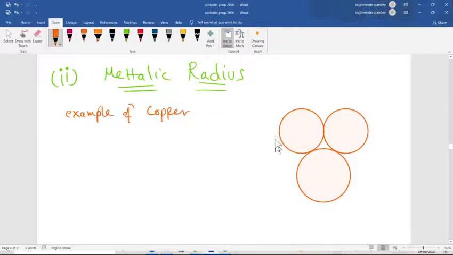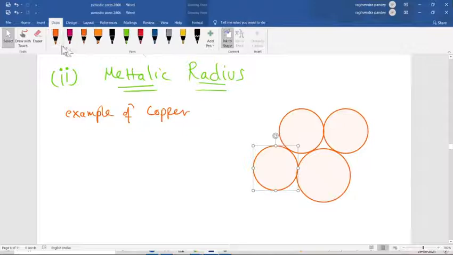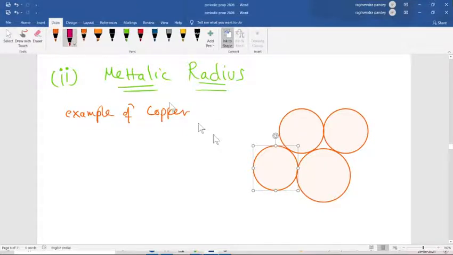Since there is no sharing for copper atoms, we can measure by X-rays the internuclear distance, the same as for a covalent bond. Suppose this is the nucleus. By X-rays, there are various techniques, so we can measure the internuclear distance. This is your D distance, which is the same everywhere.